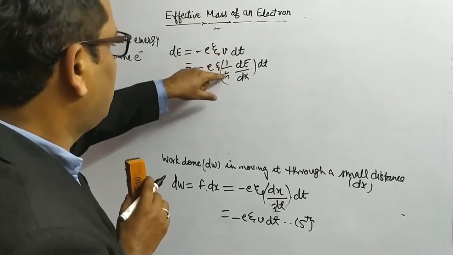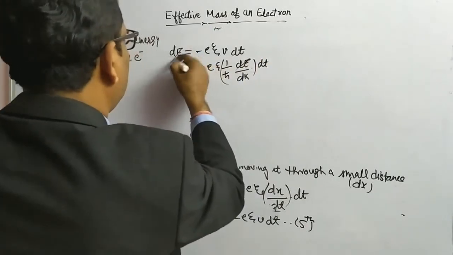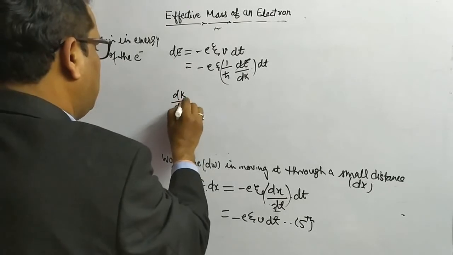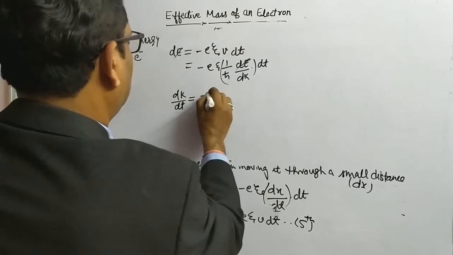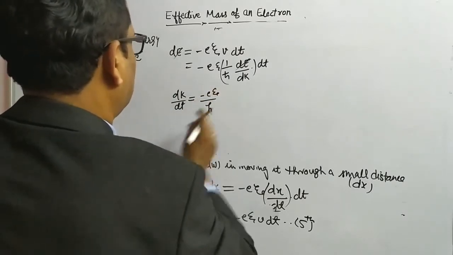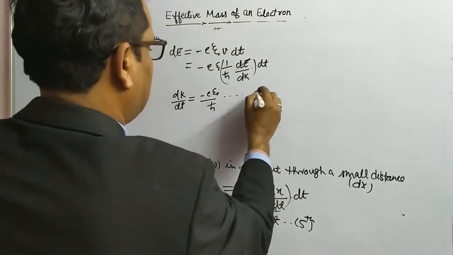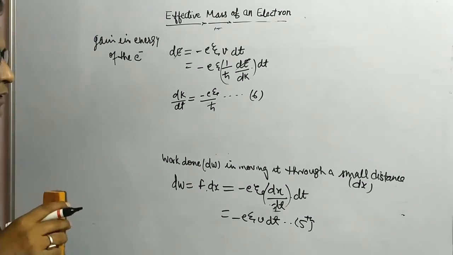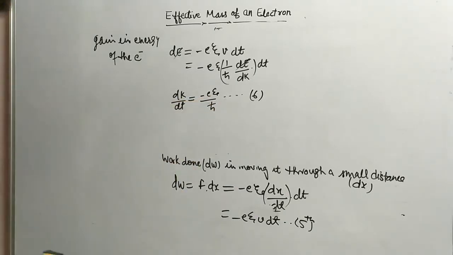So v becomes 1 by h cross dE by dk. dE gets cancelled out, and I have dk by dt is equal to minus e Chi by h cross. This is the sixth equation.